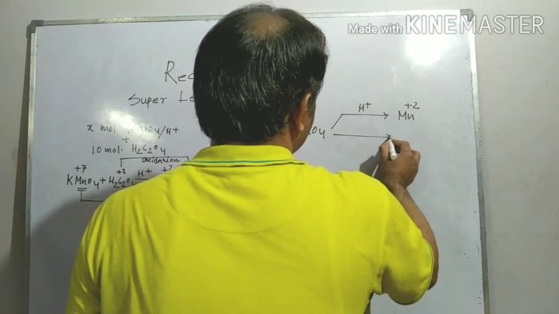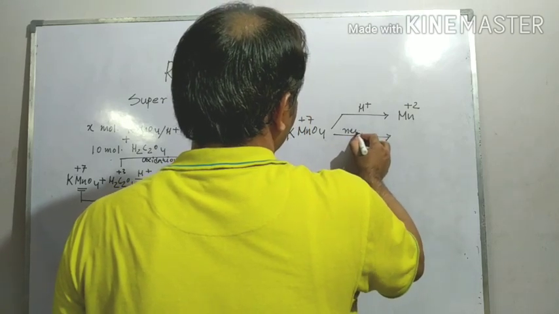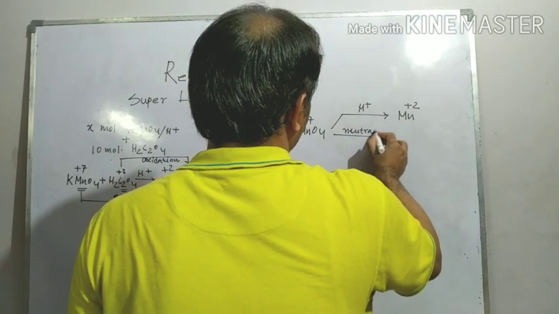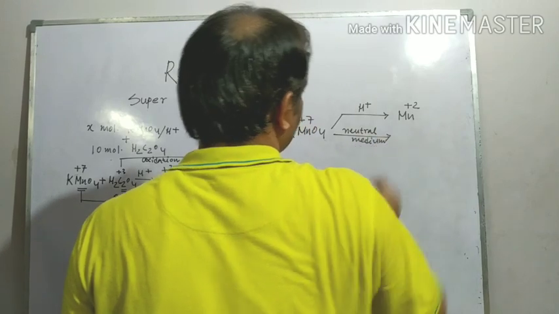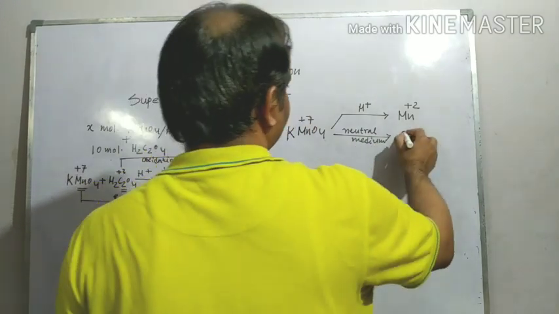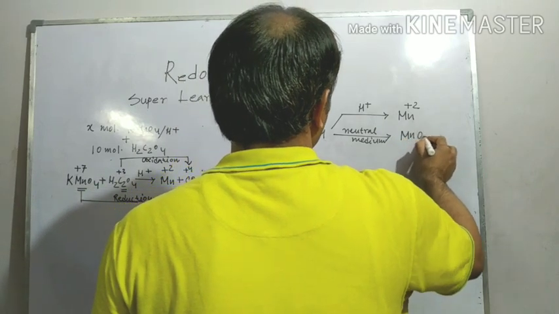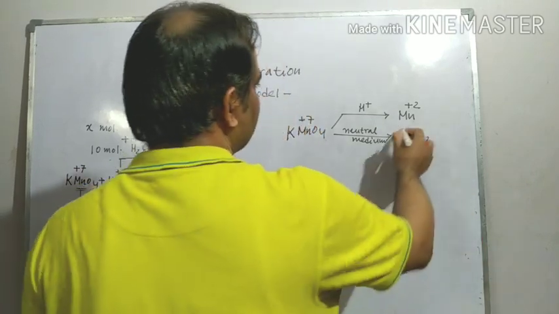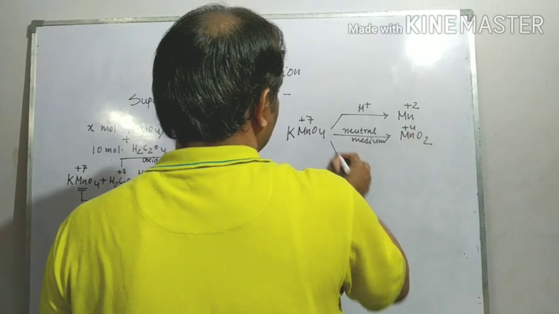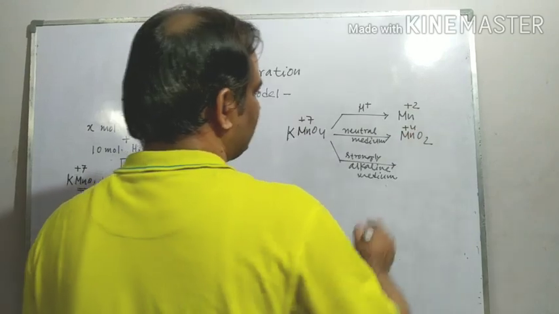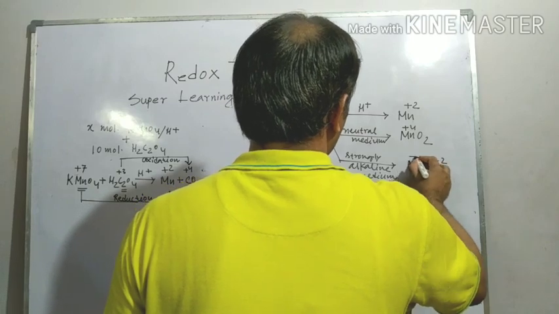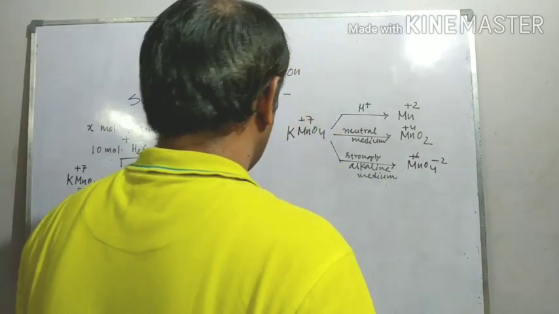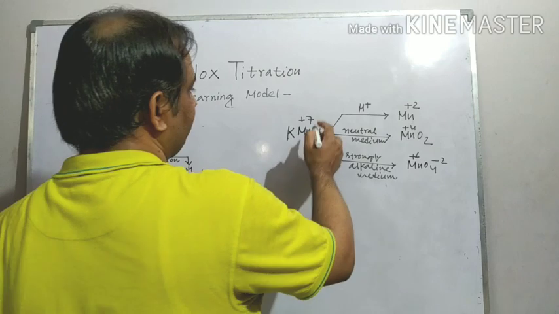Now, if I consider neutral medium, in that case, it will go to +4 state. And if you consider strongly alkaline medium, it will go to +6 oxidation state. Friends, first of all, what is the concept of N factor?